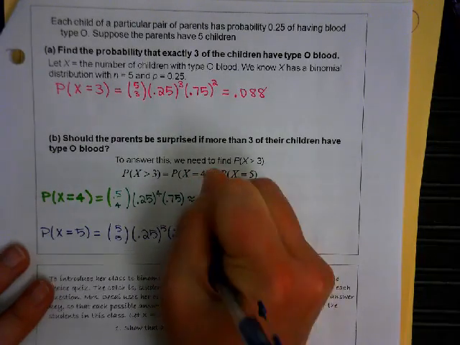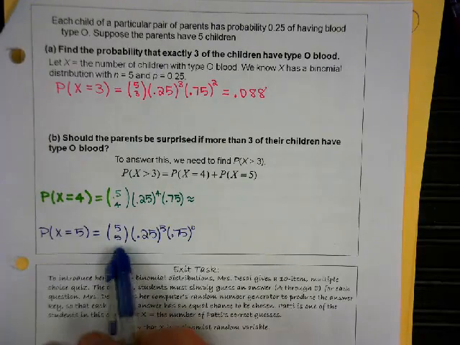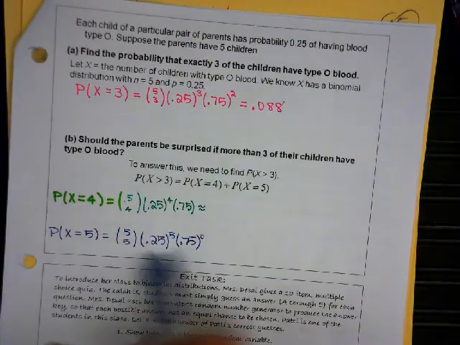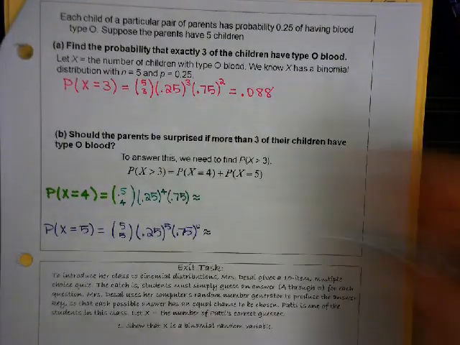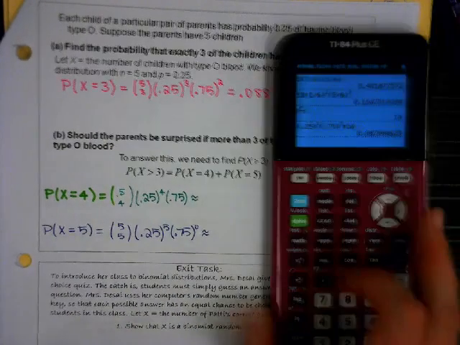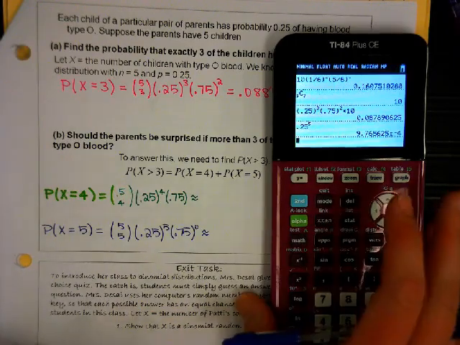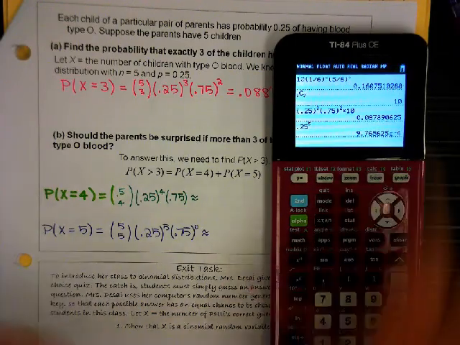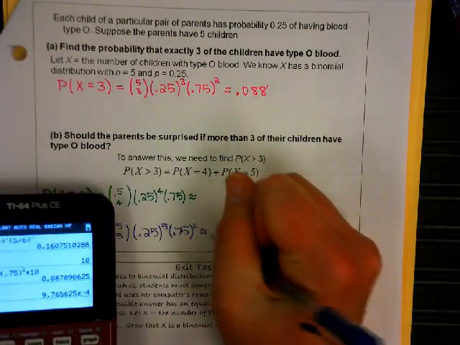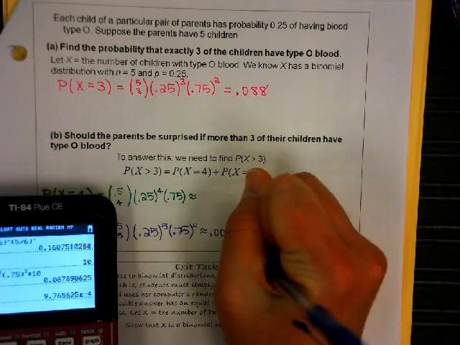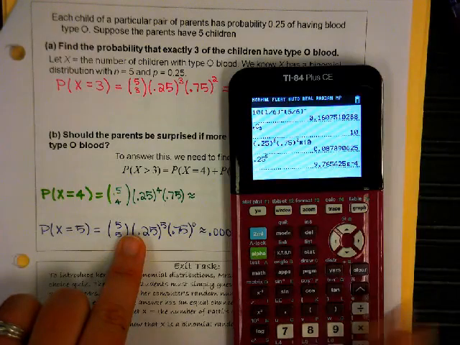So 0.25 to the 5th. And remember, if you get e with a negative number after it, it's got a bunch of zeros in front. So this is about 0.0009. And then we have to do 5 choose 4, which, if I remember correctly, is 5. 0.25 to the 4th times 0.75 times 5.